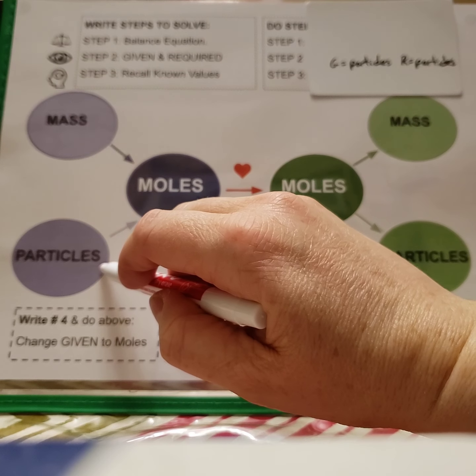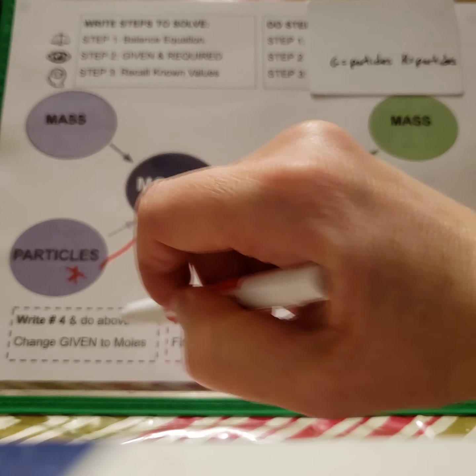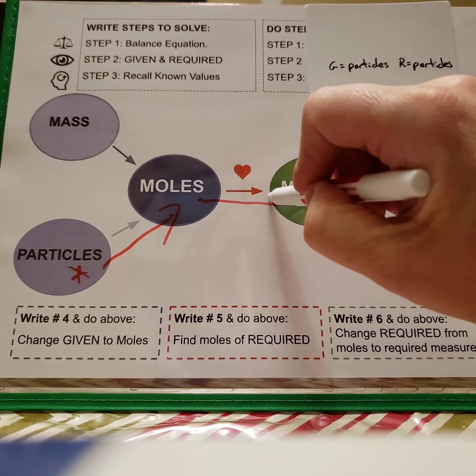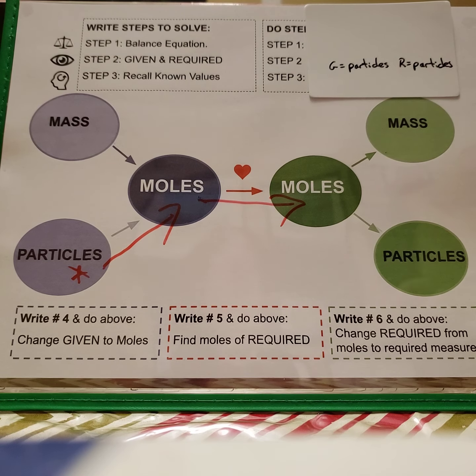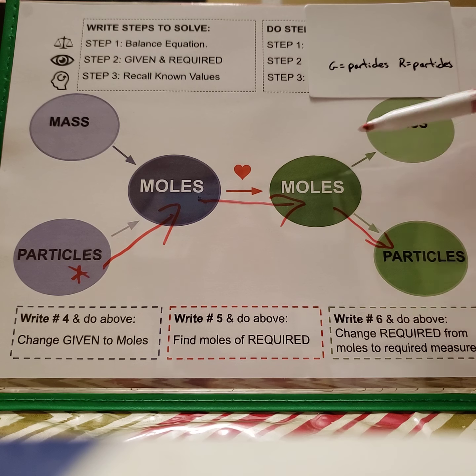All right, so go from particles to moles, because again, your starting point is particles. Always, always, always, you do that, convert through the molar ratio, take a look back to your problem. Our required is also in particles, so then we follow the route down this way, going from the moles of the required back to the particles of required using Avogadro's number to do that conversion.